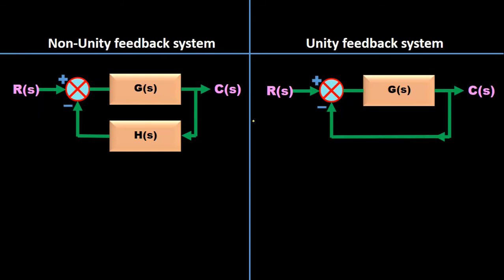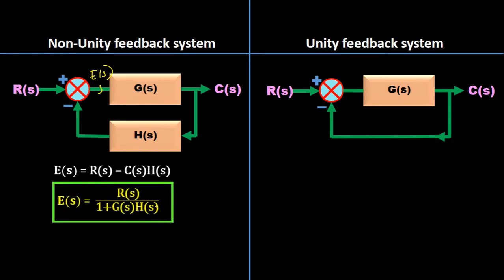Now let us see the steady state error for a non-unity feedback system as well as for a unity feedback system. For a non-unity feedback system, we have already studied that the error signal E(s) will be equal to R(s) minus C(s)H(s), which gives E(s) equal to R(s) upon 1 plus G(s)H(s). For a unity feedback control system, H(s) is equal to 1.